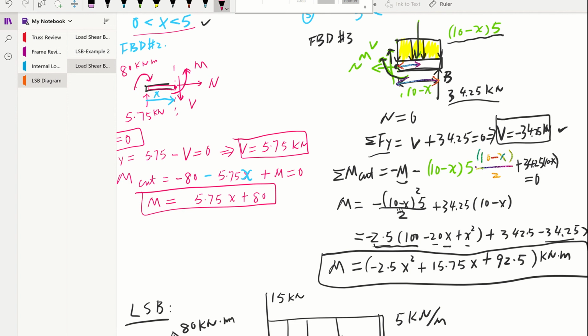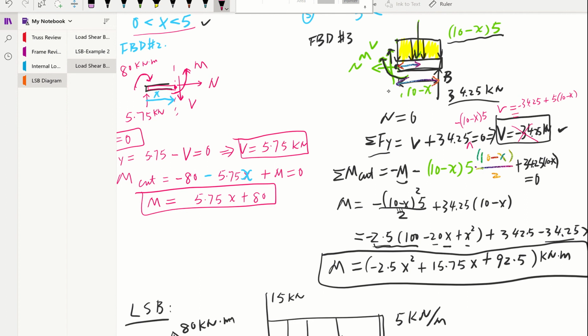So here we go. That's going to be minus 10 minus x times 5. So this would be wrong. And the true expression for V, when you're solving it, will be negative 34.25 plus 5 times 10 minus x.